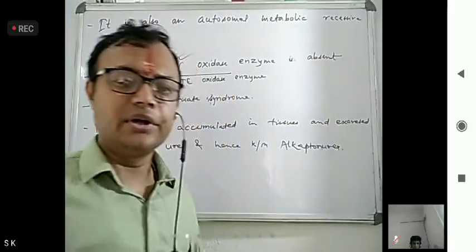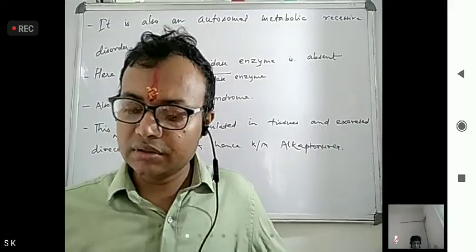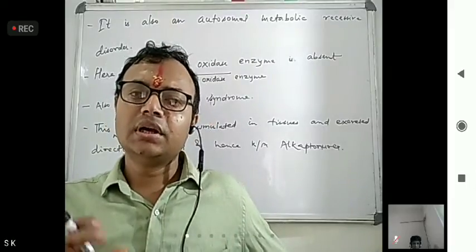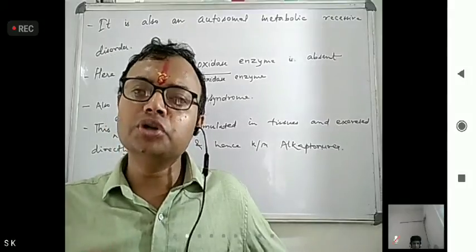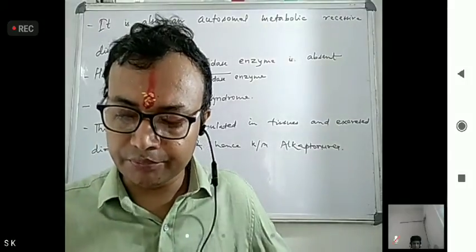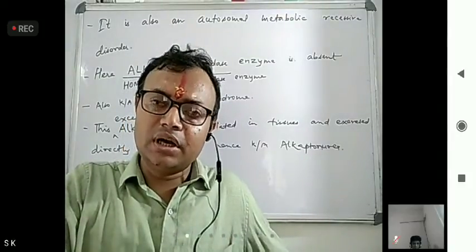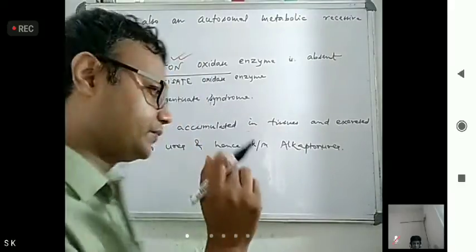Now, the symptom is what? Mostly they have arthritis. The patient suffering from this also suffers from arthritis. They have bronze pigmentation. And when the urine comes outside the body, it turns black.